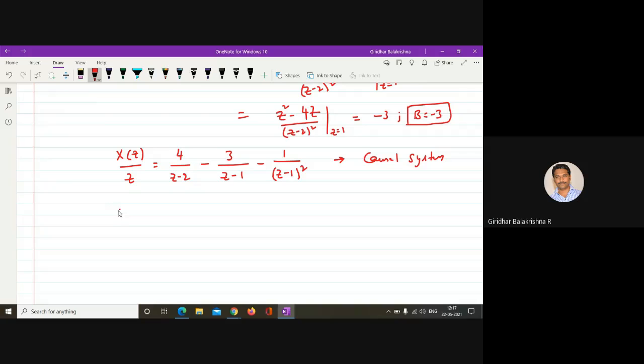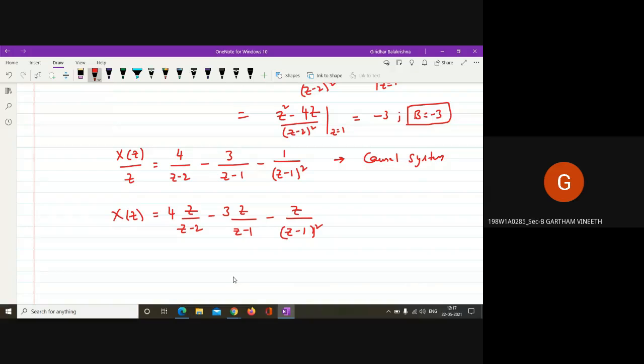So after that, you need to represent x of z. X of z equal to 4, which is constant, z by z minus 2, minus 3 is constant, z by z minus 1, minus z by z minus 1 whole square. Isn't it? Yes, sir. Okay. So now apply inverse z transforms.